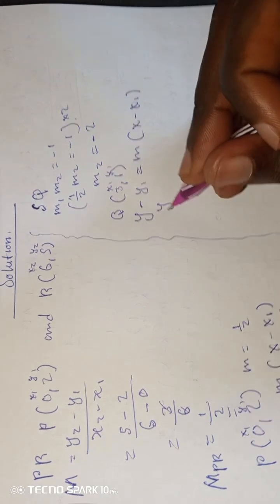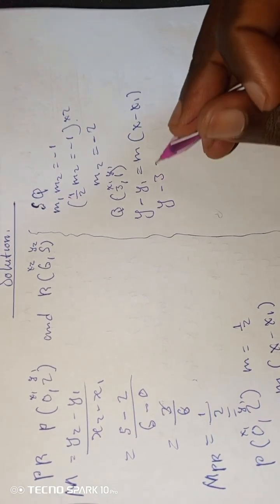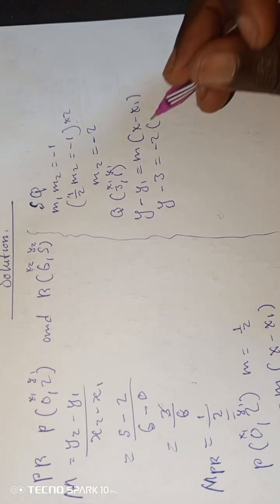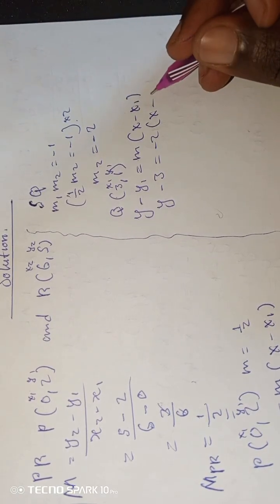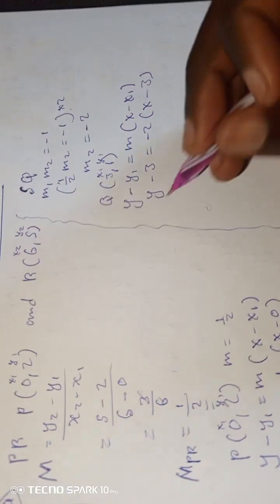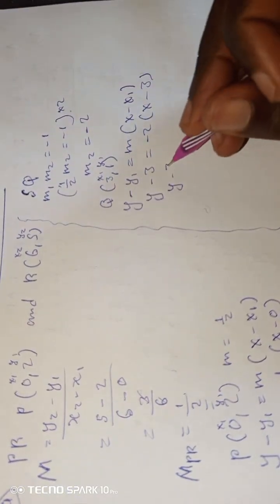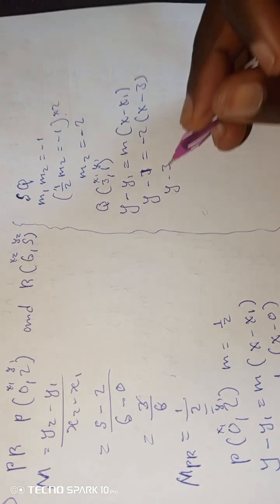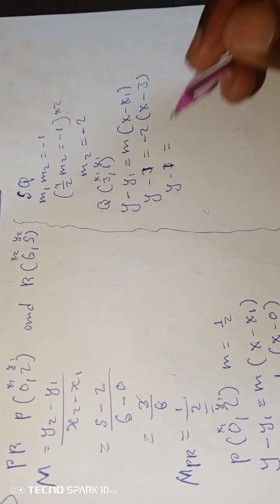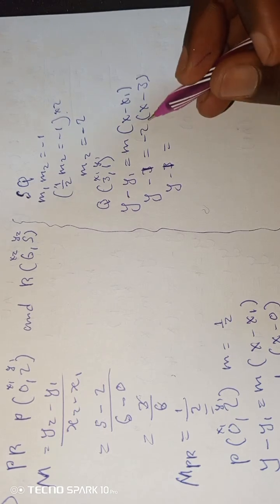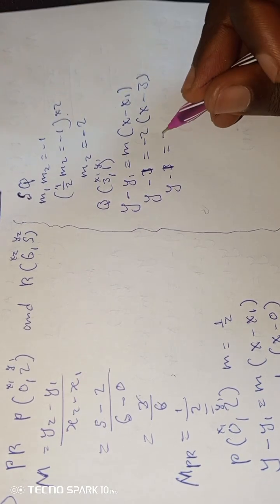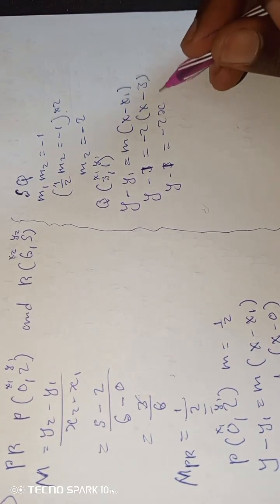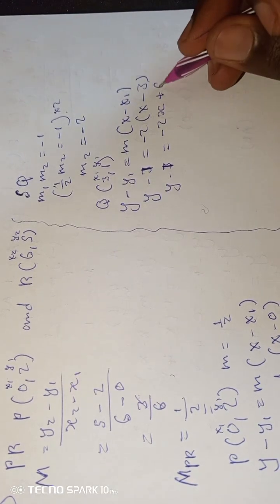So here you have y minus 1 equals the gradient there, it's -2, open brackets, x minus 3, so we have y minus 1 equals negative 2 multiplied by x to give us negative 2x, negative 2 multiplied by negative 3 to give us positive 6.